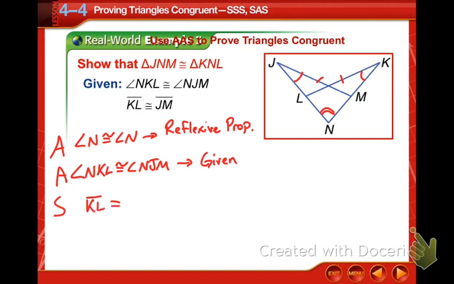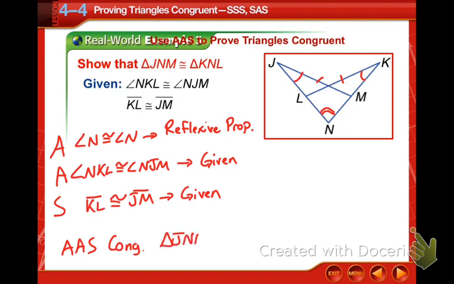KL congruent to JM. And again, the reason is because it was given. So we do have angle, angle, side congruence. So triangle JNM is congruent to triangle KNL.